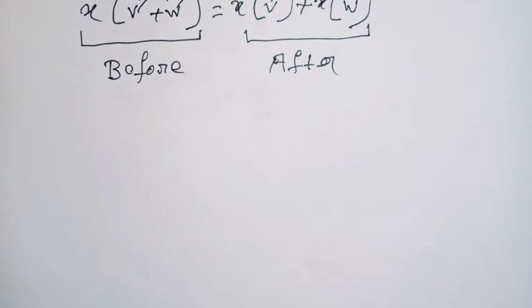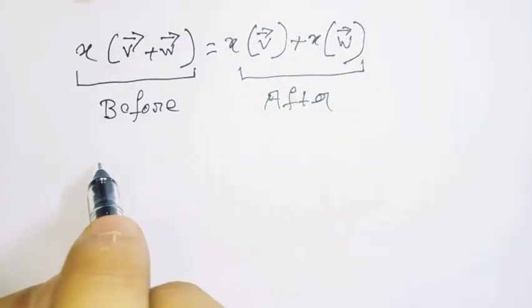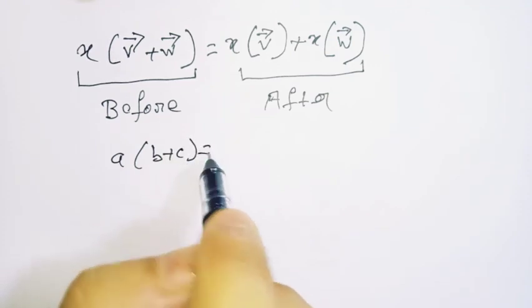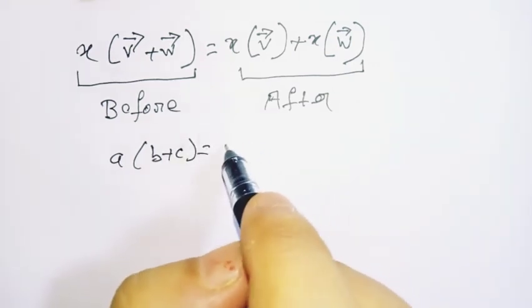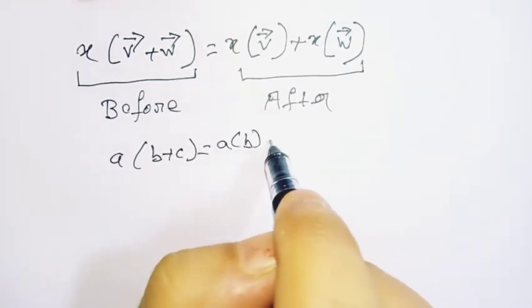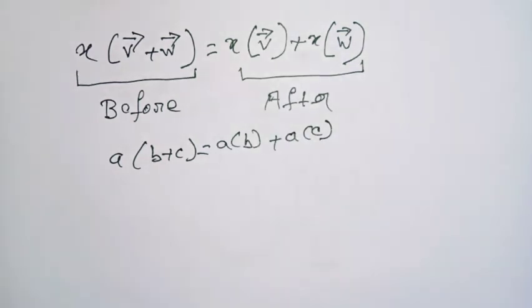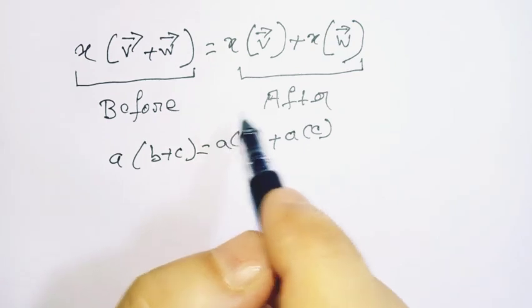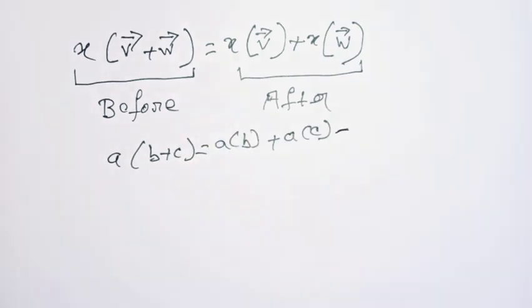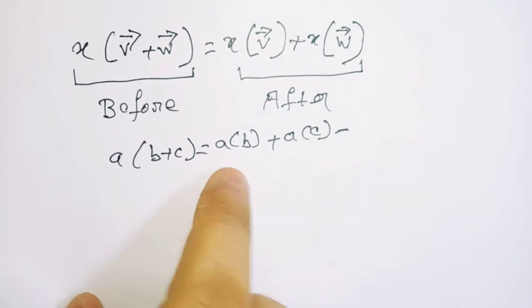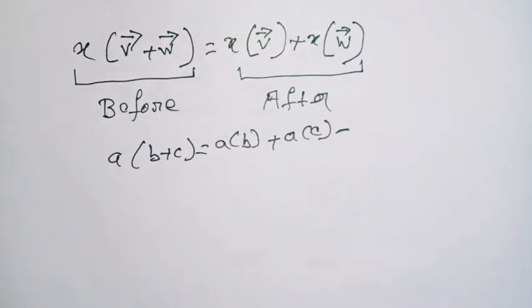This can be termed, for example, a(b plus c) equals ab plus ac, and this is what we call the distributive property. We will show you further that this part is clear: x(v plus y) equals xv plus xy, which can be used with similar variables.